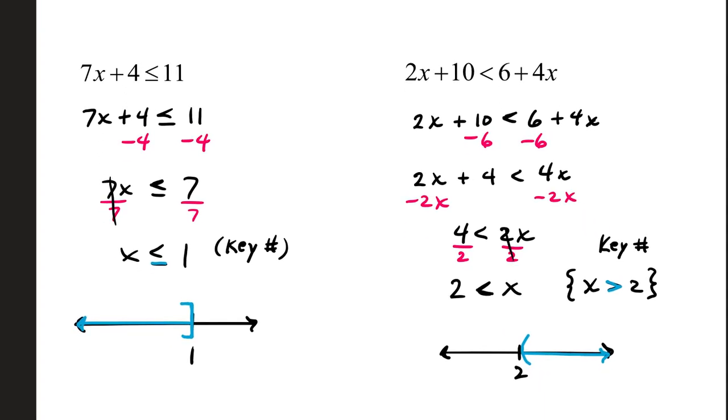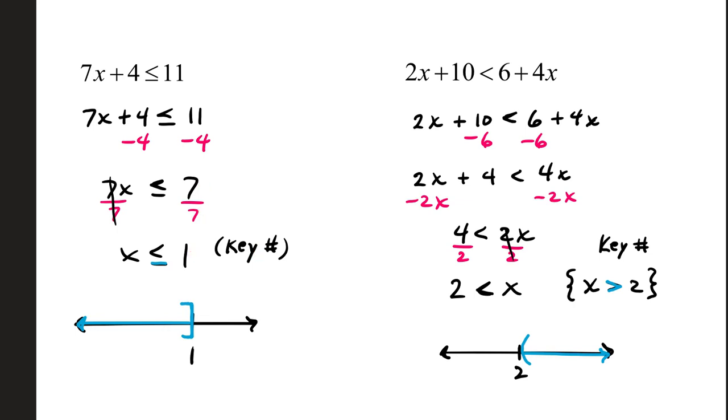Let's look at the example on the left. 7x plus 4 is less than or equal to 11. Subtract 4 from both sides, 7x, that adds up to 0, less than or equal to 7. 7x less than or equal to 7, divide by the number attached to x, which is a positive 7. 7 over 7 is 1x, less than or equal to 7 divided by 7 is a positive 1.